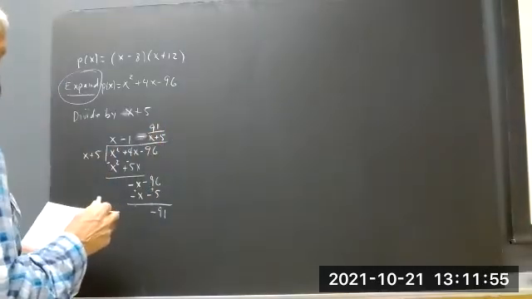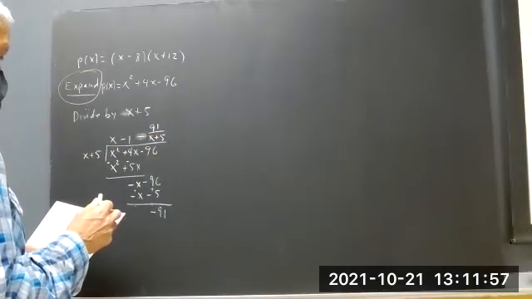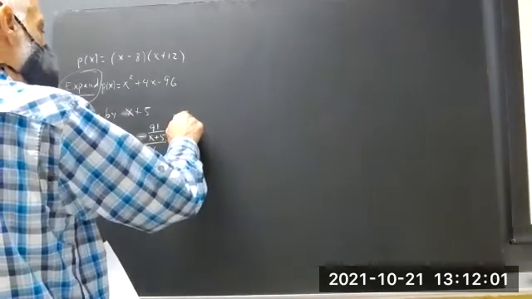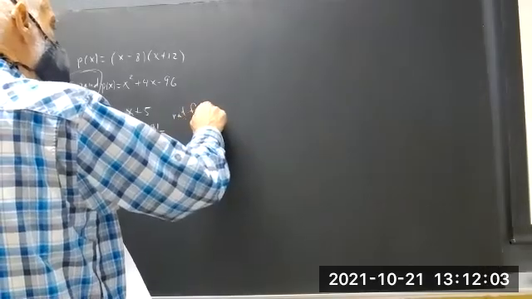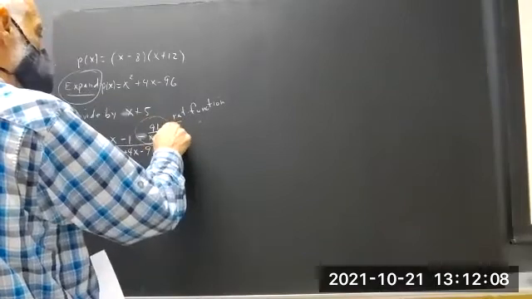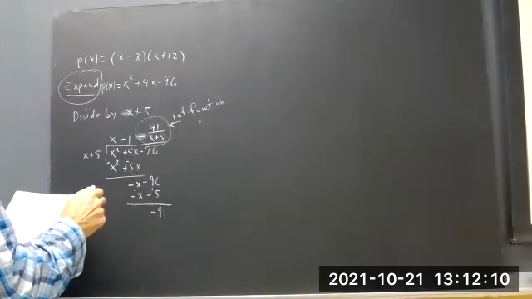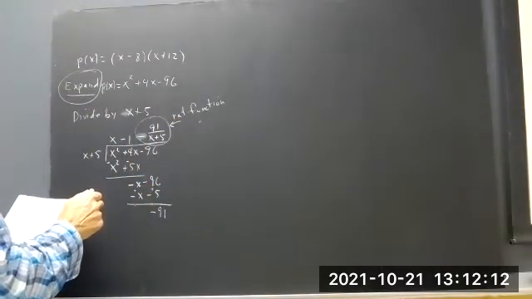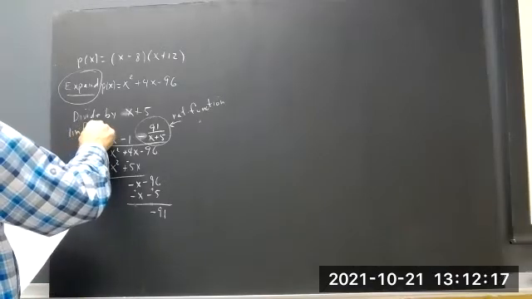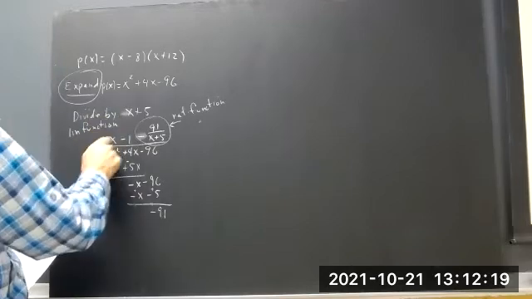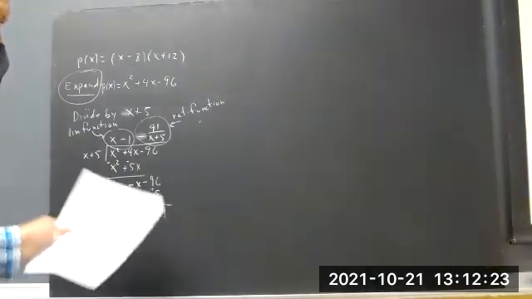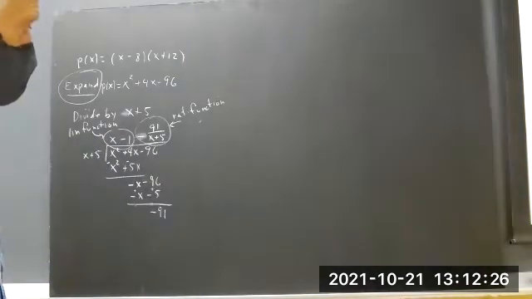So here's our rational function. And here's my linear function. So we want to construct a graph of the rational function.